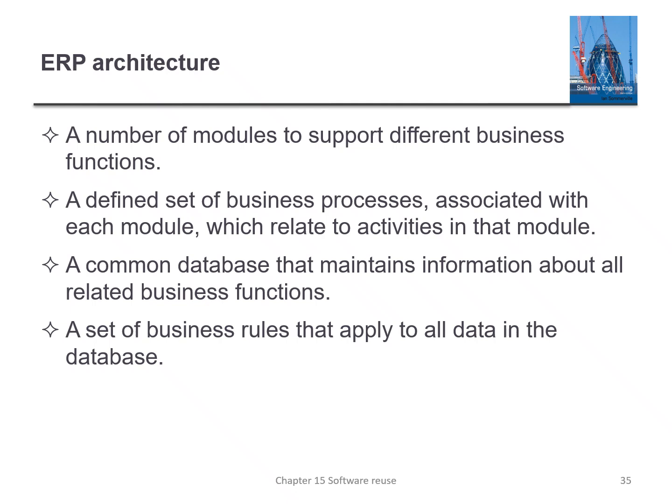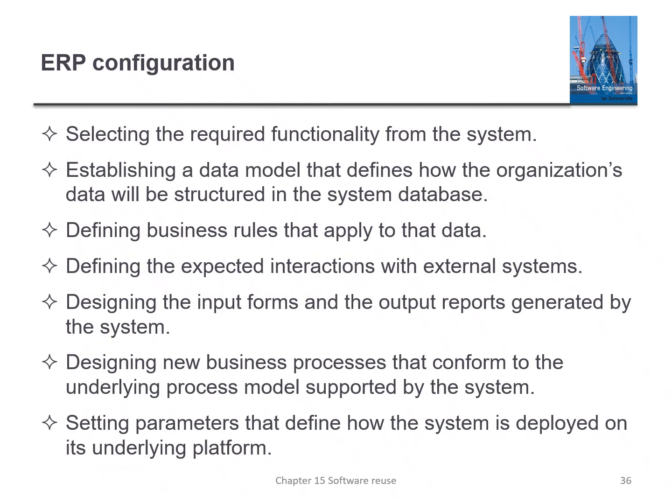Business rules that apply to the data are also specified in the architecture. So this ERP can be configurable, and you can select any required functionality in the system. For example, in logistics just now, there is a complete module, but maybe you don't need all the functions related to logistics. The vendor providing it can customize it for you.